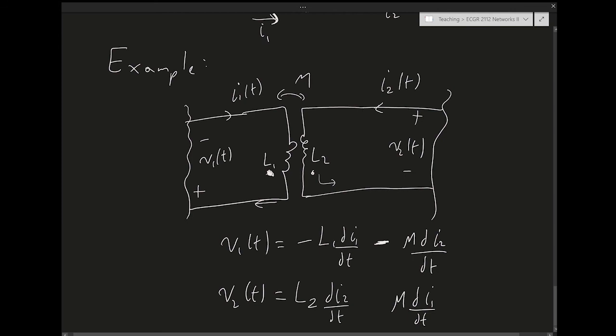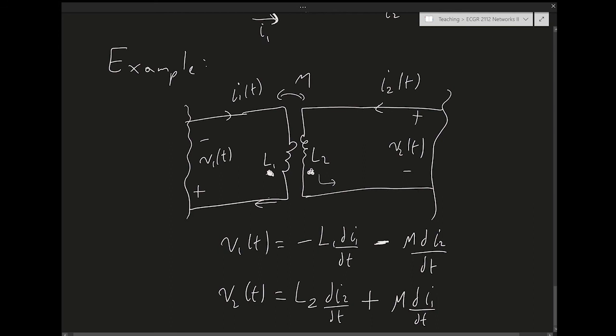All right, and let's examine that. I1 is leaving the dot, so that's negative, but we're not done. The polarity for V2 is opposite the polarity of the dot. So we put in another minus 1 and we end up with plus.